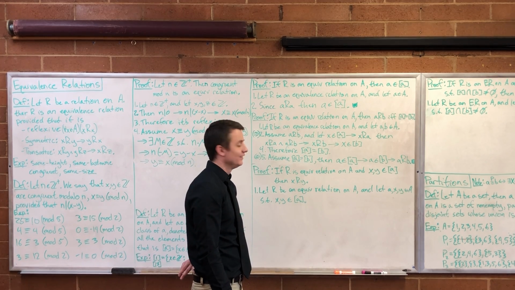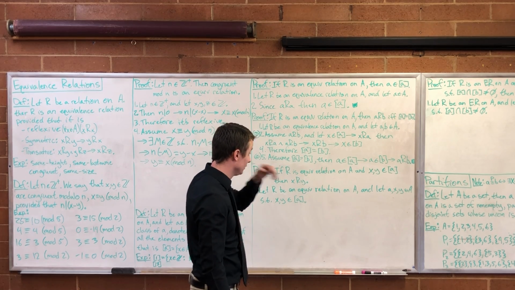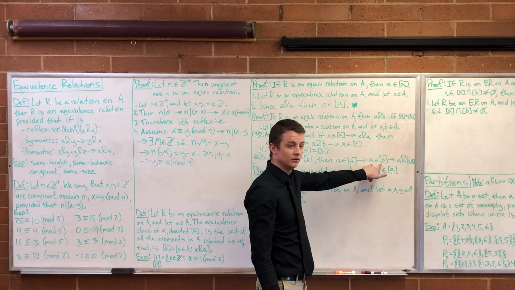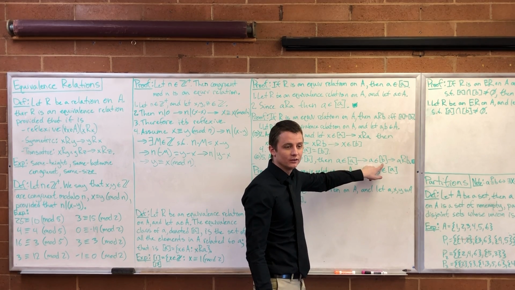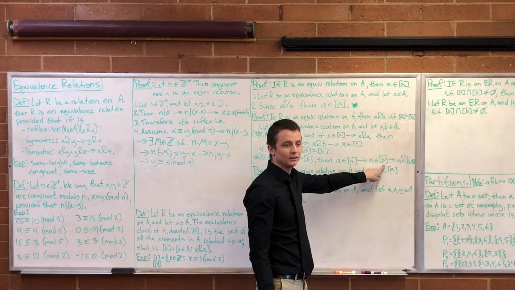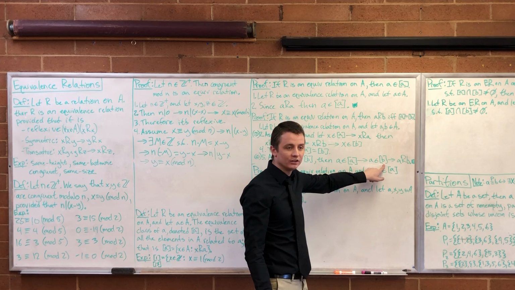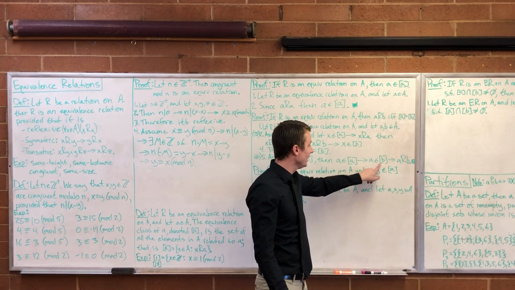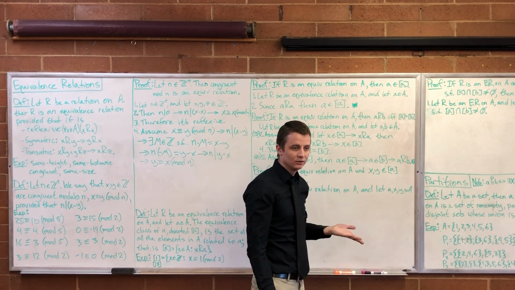How, by your saying A is in the set B, or is in the equivalence class B, can you make the jump to A is related to B? What does it mean to be in B's equivalence class? This is the set of everything related to B. So everything in here is related to B by definition. So if A's in there, A's related to B. Oh, okay.